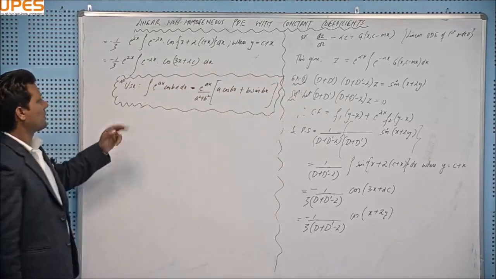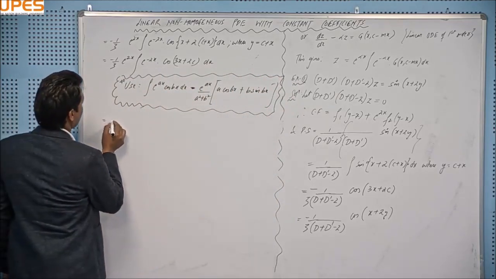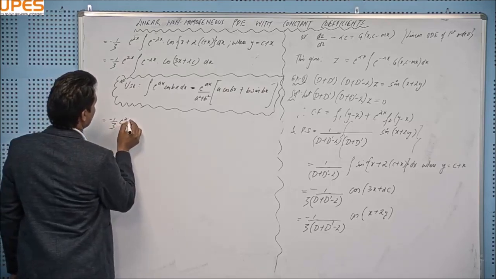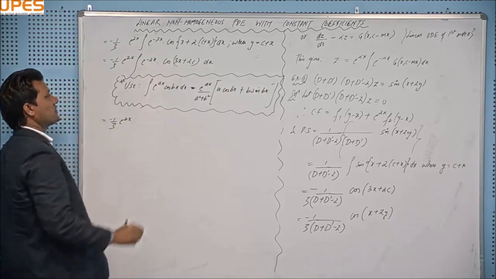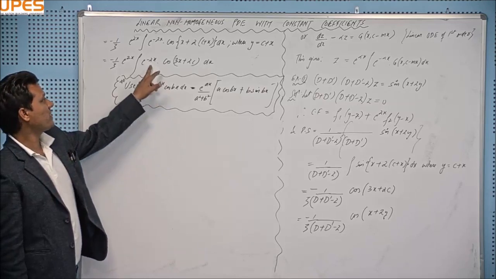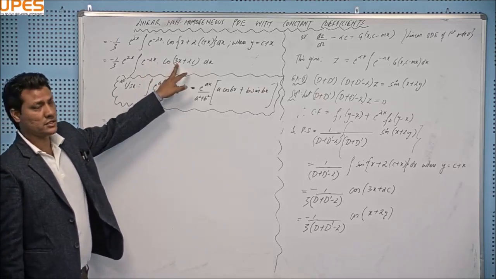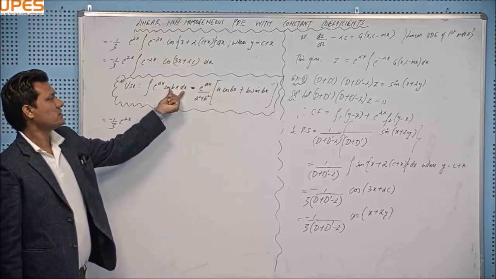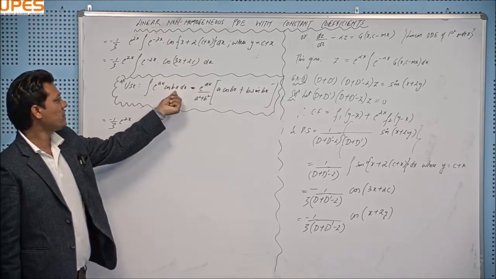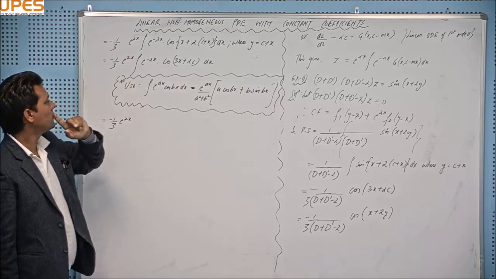Right, now use this formula. That will give me minus 1 by 3 e to the power 2x, and notice that in place of a we have minus 2, in place of b we have 3, right? Or you can write it as bx plus c. We have chosen c equal to 0 in this formula, right?